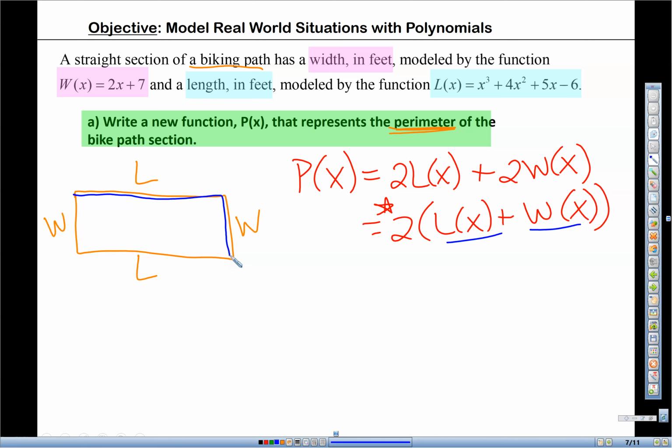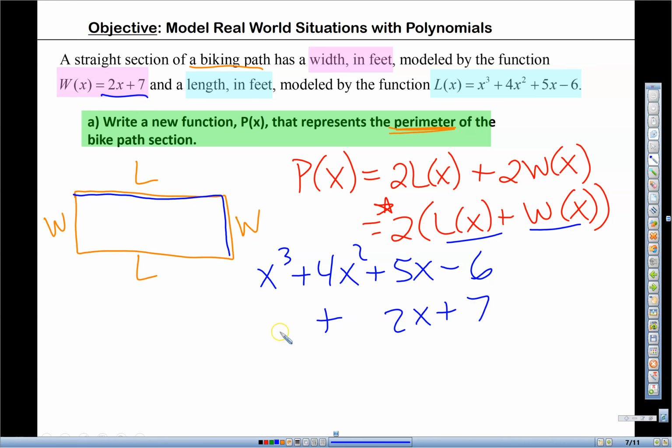So I am going to take that x cubed plus 4x squared plus 5x minus 6, and add to it the 2x plus 7. And that is now going to give me x cubed plus 4x squared plus 7x plus 1.